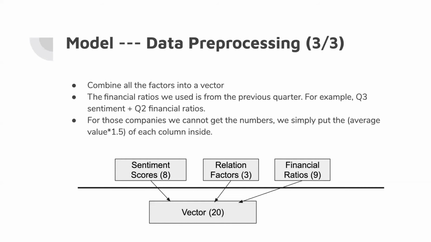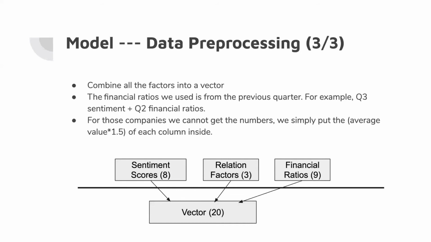We use the average value of each column. For example, in the column of total asset, we take the average value of all the companies we can find and use it as the number for the company that doesn't provide any financial statements.